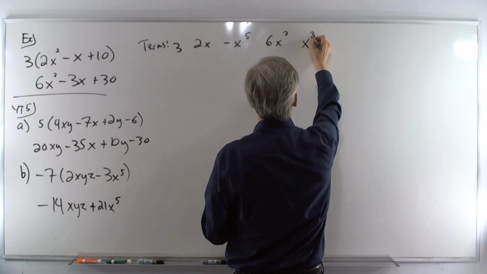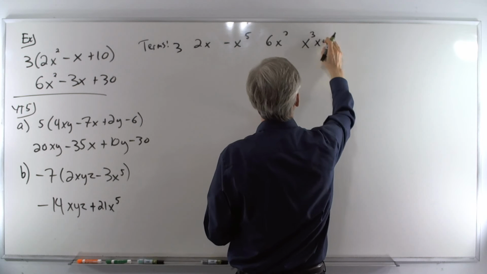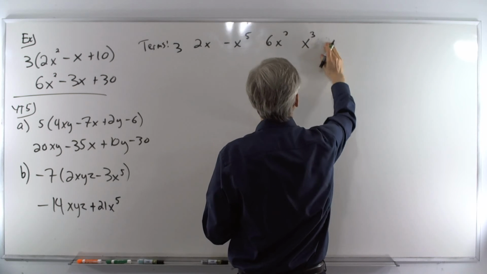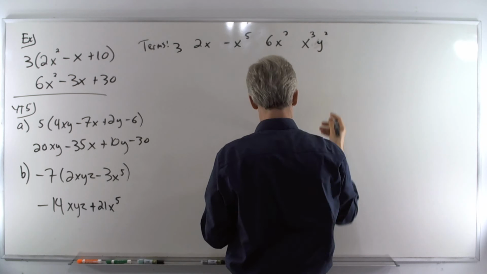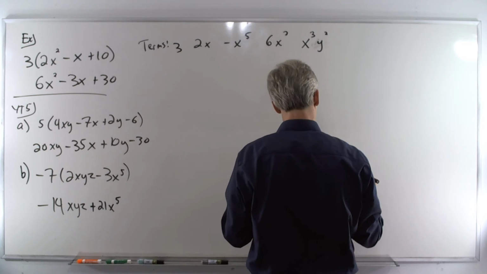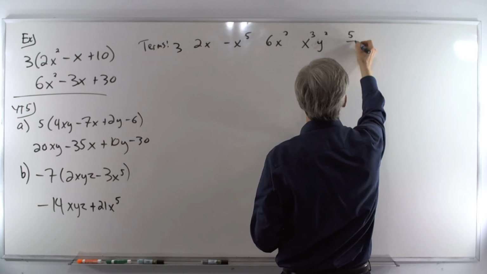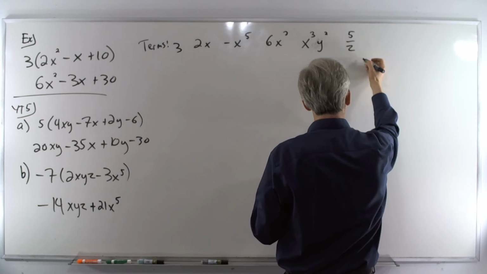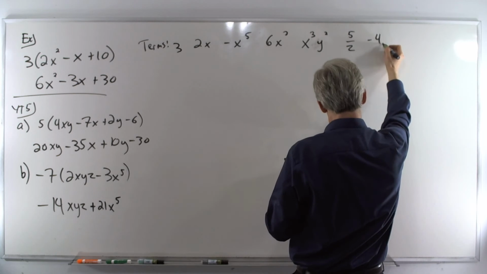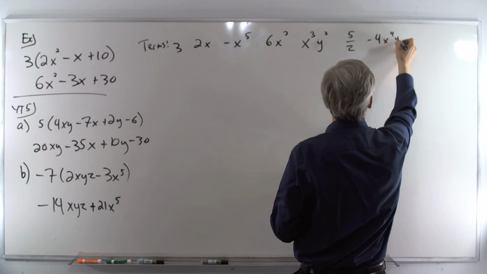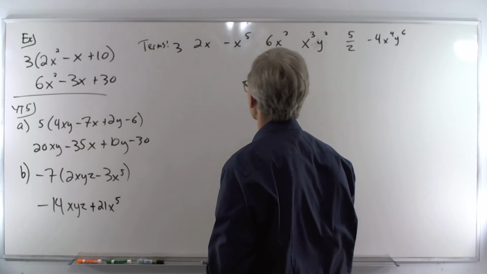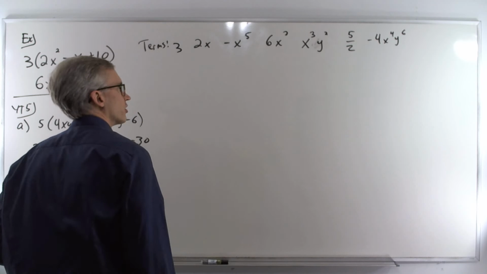You can have multiple variables, x third, y squared. You have 5 over z. Negative 4x to the 4th, y to the 6th. These are all examples of terms.